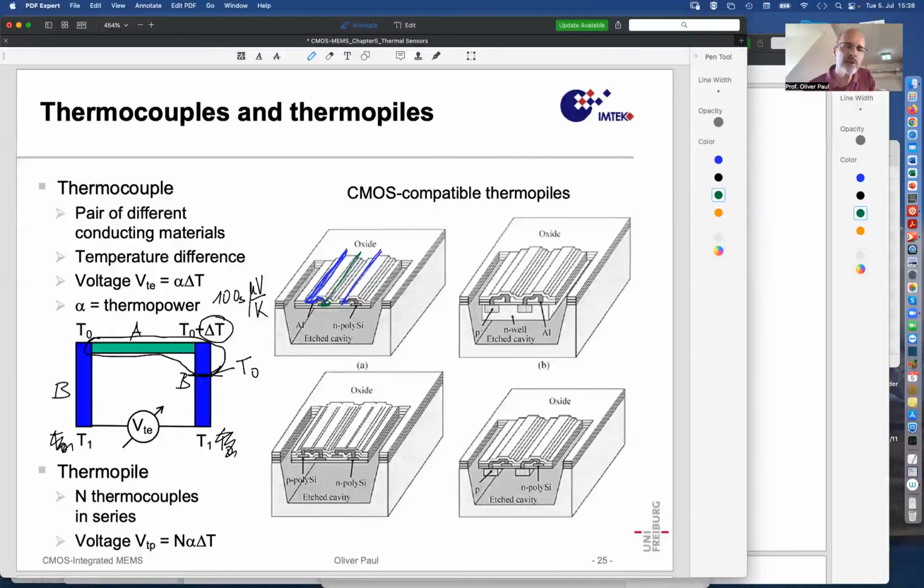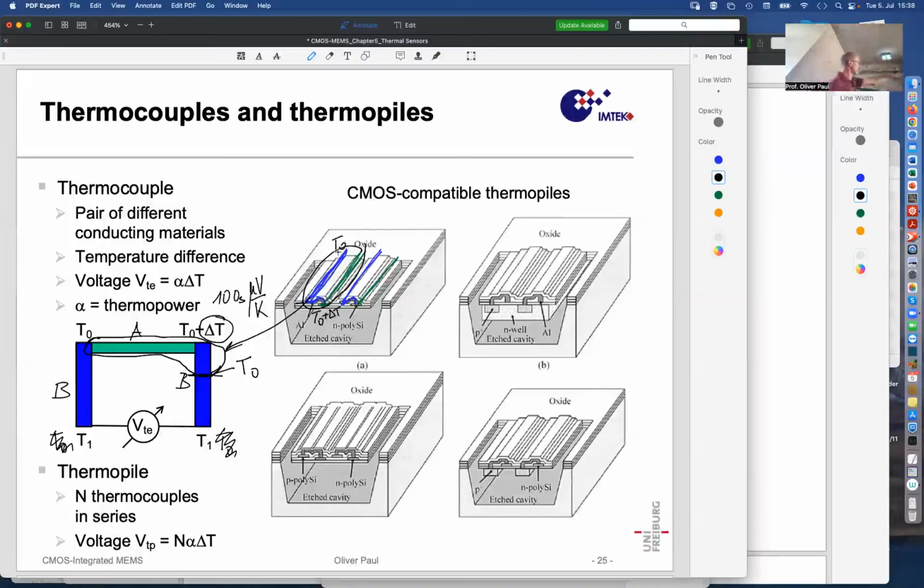And the green we don't see either because it's also buried. So here we have two such thermal elements, like the ones I circled in black. So this corresponds to the black encircled area here, where at the front we have T0 plus delta T, and in the back we have T0.